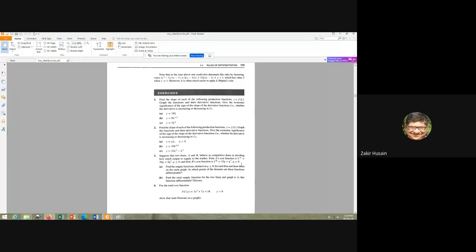So in the first case, what is happening? Y equal to 10L. Constant. It is 10. Now, what is the implication of dy by dl? What does it give? Does it have a name?